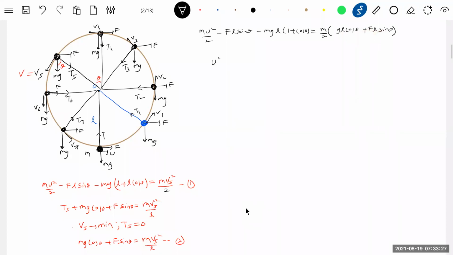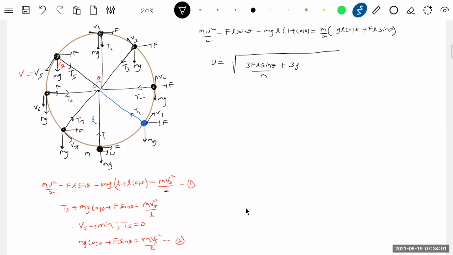We'll solve for u. u will be three FL, to 2 will multiply, three FL sin theta by m.